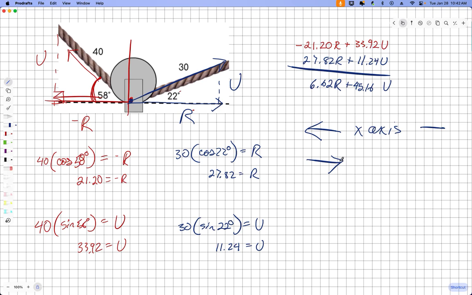If the force is moving to the right on the x-axis, it's positive, just like the x-axis itself. If the force is moving up, that's your y-axis, that means it's positive. If the force is going down, that's still your y-axis, and it's negative, just like the Cartesian coordinate system. It does not matter whether it's pulling from the origin or not. What matters is where's the origin of pull.